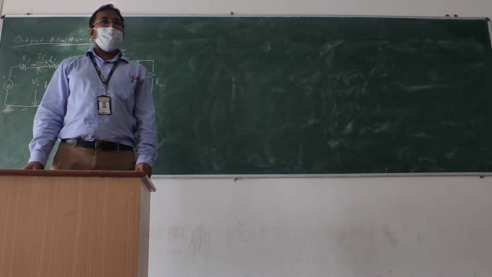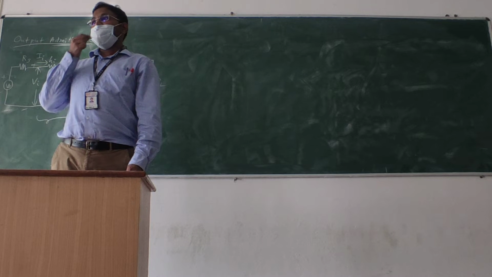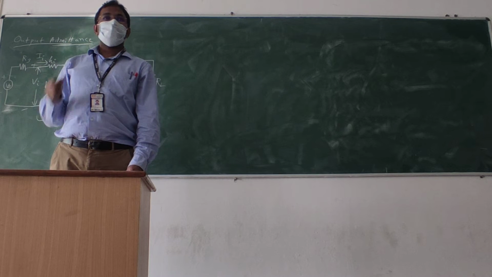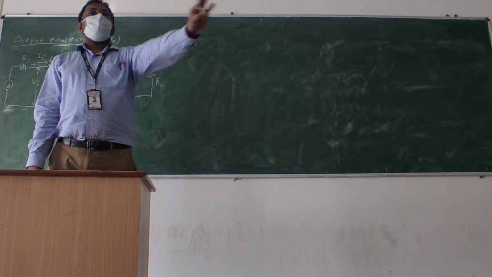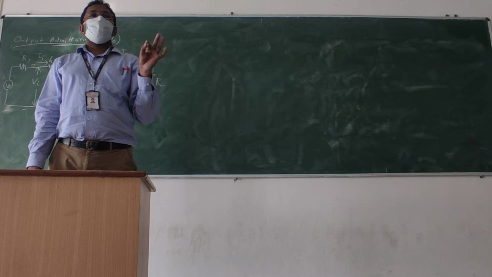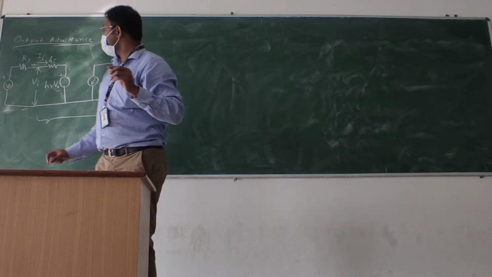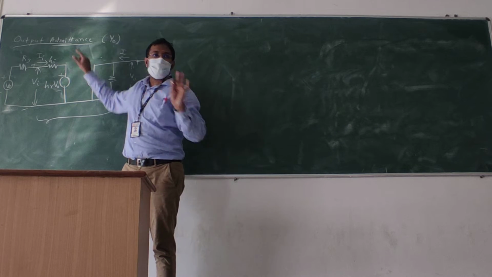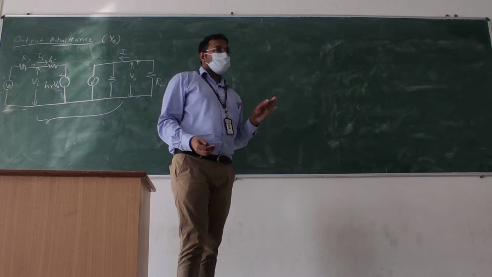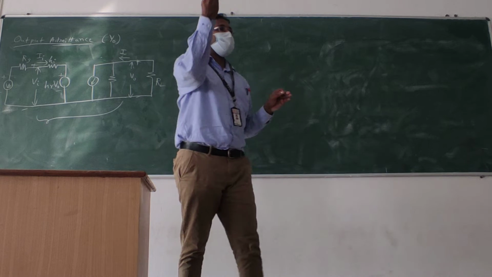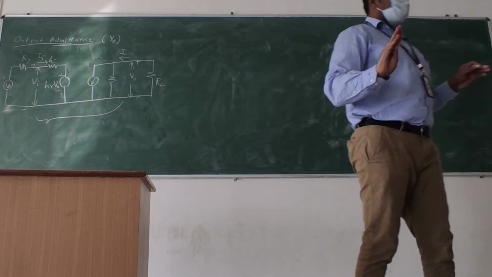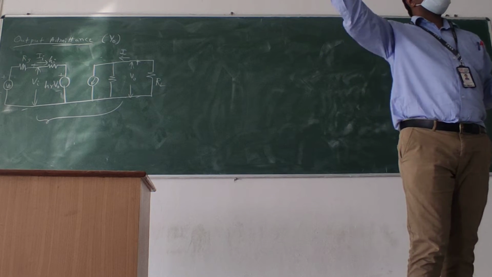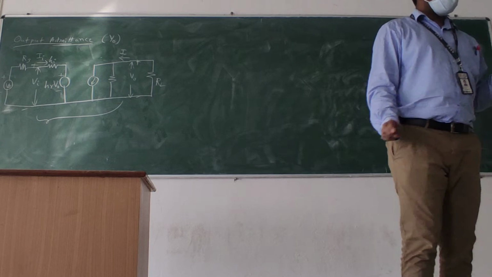Manasa, very important. This will be useful for next semester also. Any circuit, the standard process for finding output admittance. Admittance means reciprocal of impedance. Resistance means voltage by current. Admittance means current by voltage. Clear?